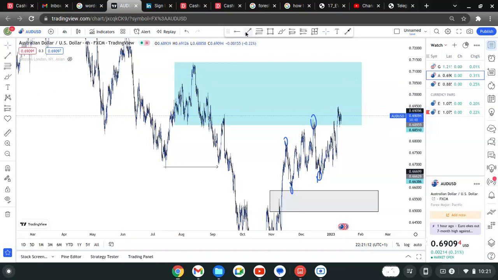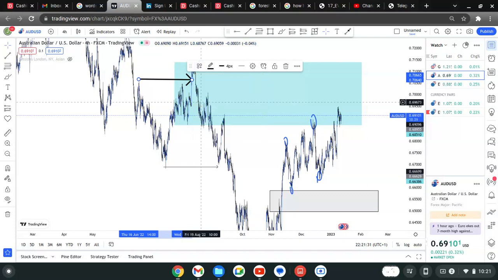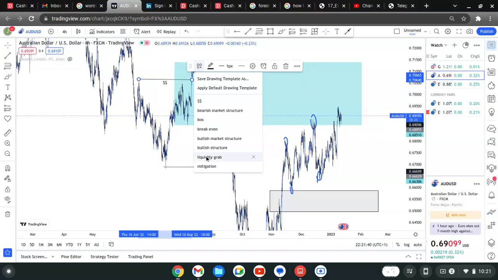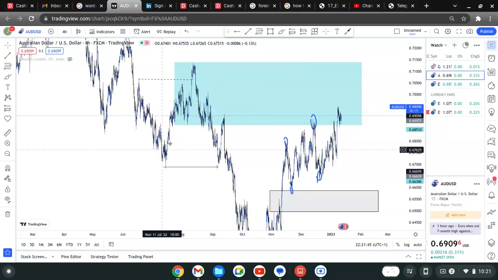This is that liquidity grab. Price comes, takes out people that had their stops here, and breaks down violently.